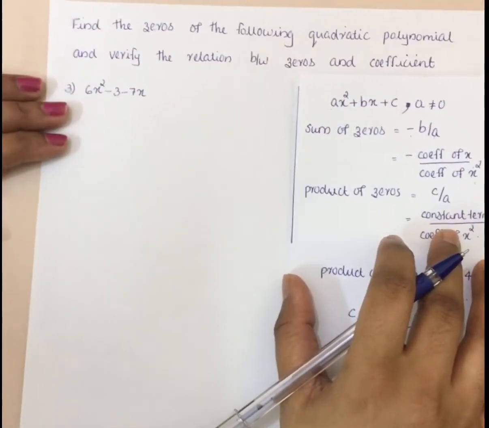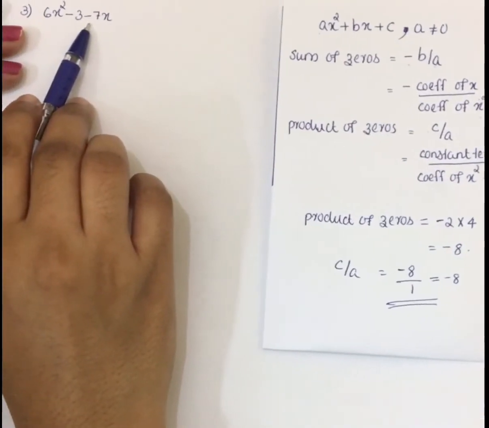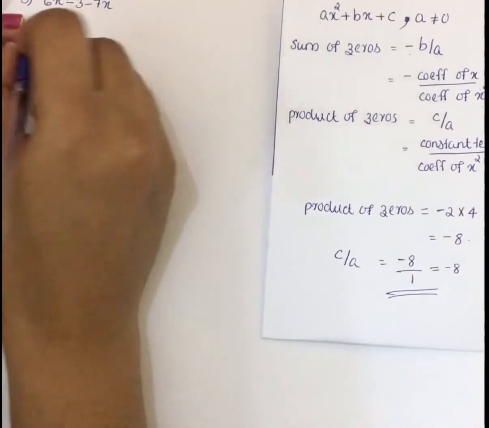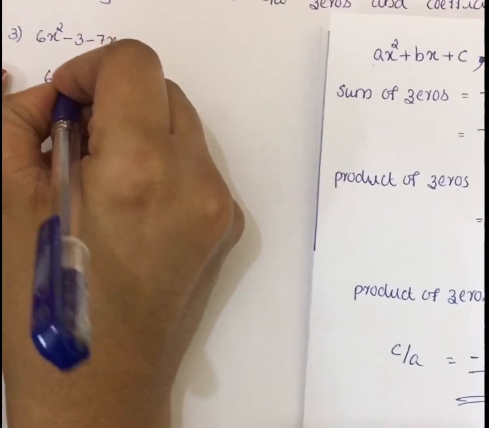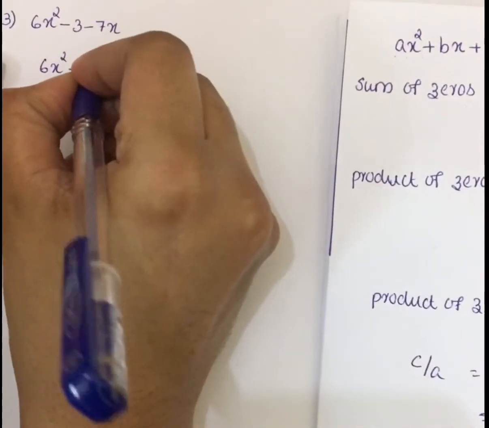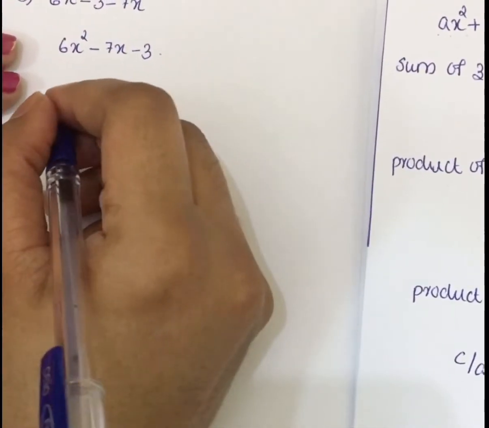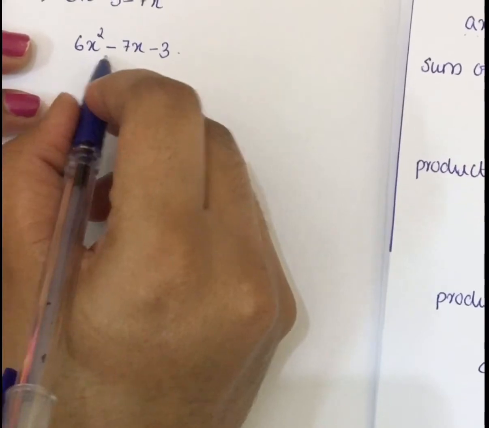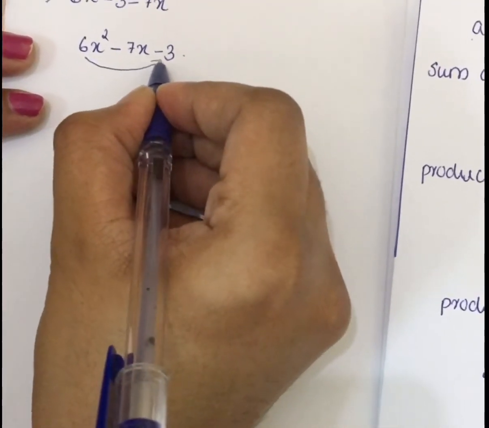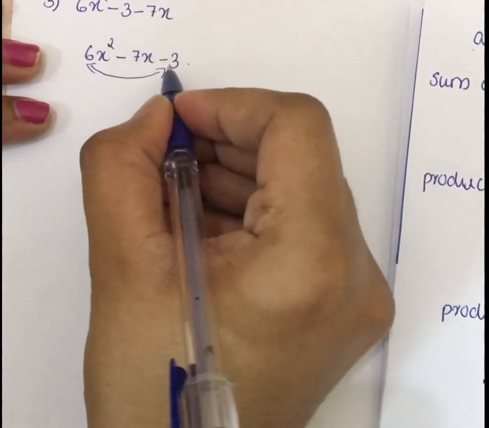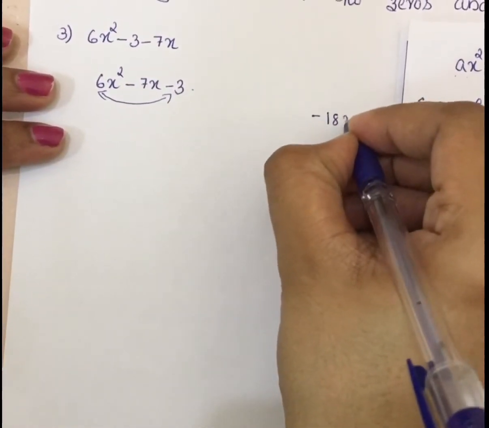Third question is 6x square minus 3 minus 7x. Here we have to rearrange the polynomial: 6x square minus 7x minus 3. Now we have to expand in the same way, multiplying 6x square into minus 3, it is minus 18x square.